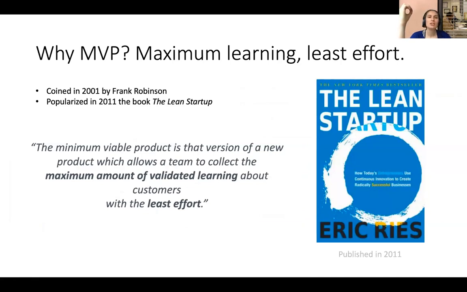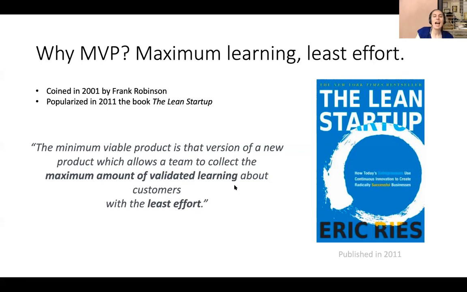This is actually a very new concept. Given that humanity has been starting companies for like 5,000 years, this idea was really only coined in 2001. This idea might be younger than some of you out there. Woohoo! But it was only popularized in 2011 with an amazing book that I've read many times called The Lean Startup that really convinced me. I drank the Kool-Aid on this.